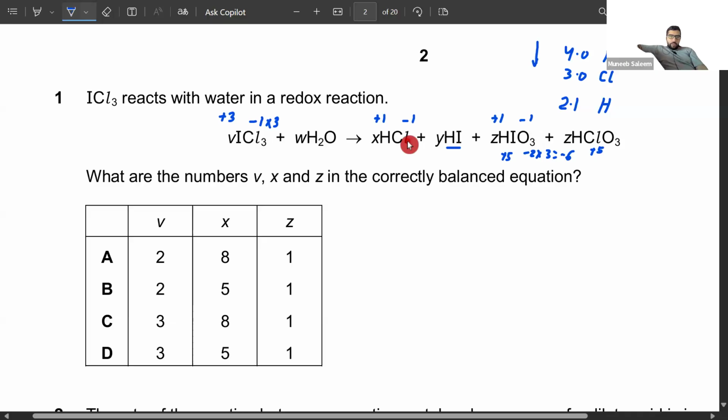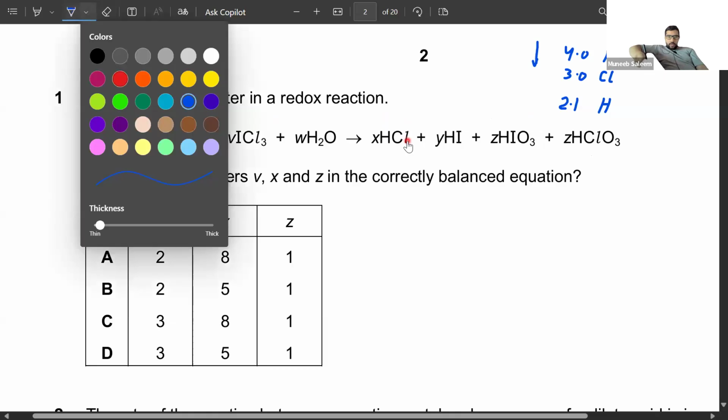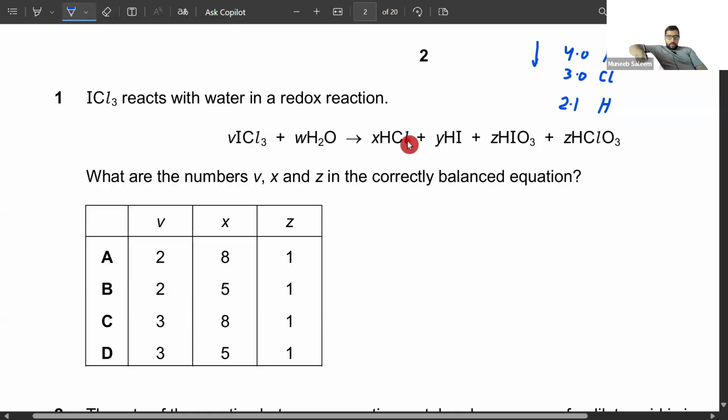So instead of using the oxidation numbers, we will simply use the combinations of the coefficients that are provided in the table. Let's start with the first combination that says V is 2, X is 8, and Z is 1. There are two Z's here. According to this, we can simply count the number of chlorine atoms on each side. On the left side, we have 3 times 2, 6 chlorine.